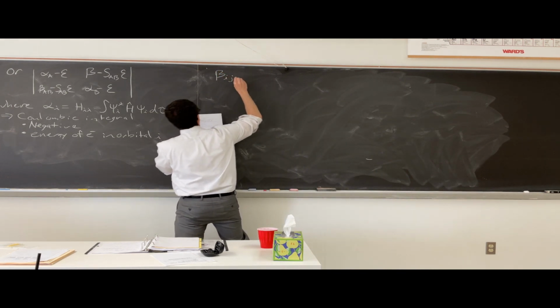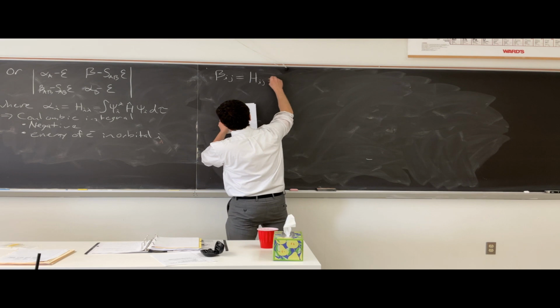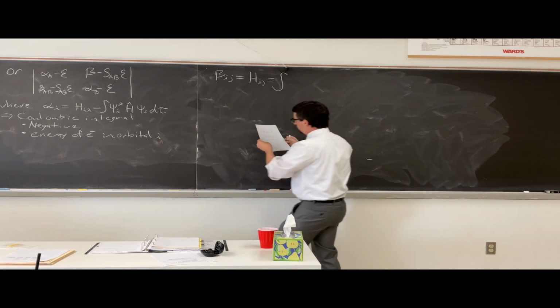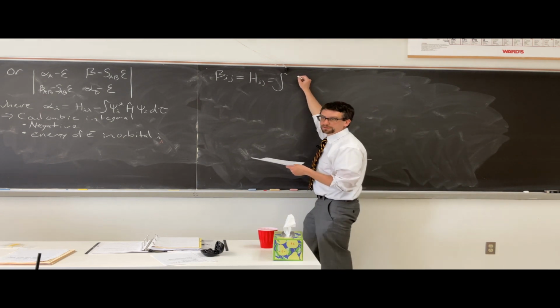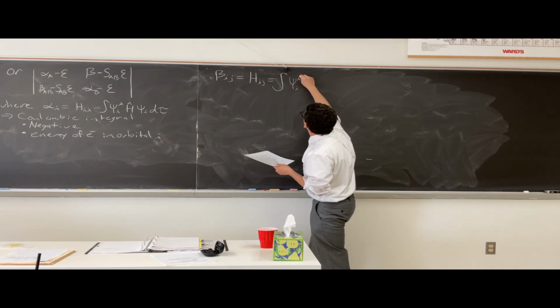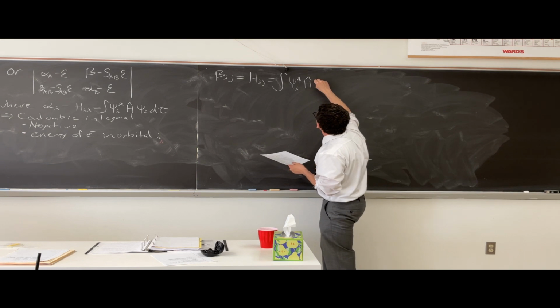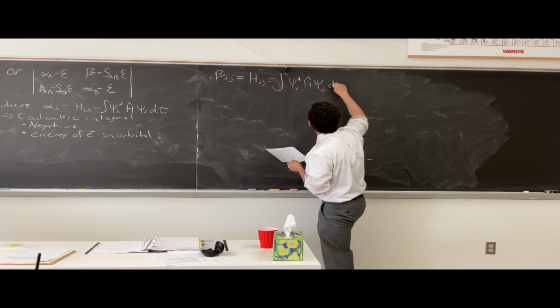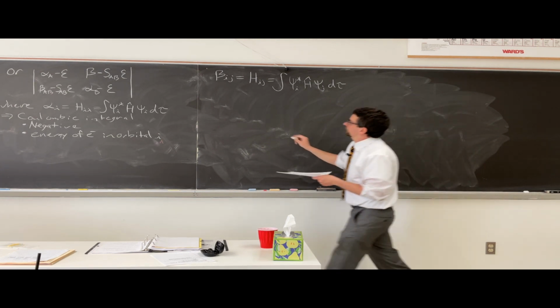Beta ij. That's also equal to hij, which is equal to what? We want to write this in terms of wave functions. Yep. Then Hamiltonian, then what's on the other side? Yep. This is known as the resonance integral.